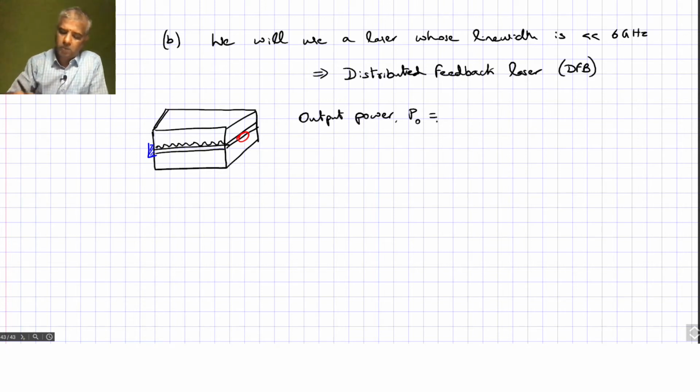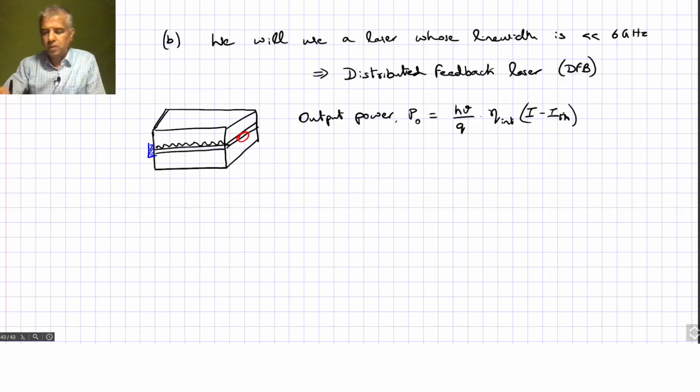So, we saw previously that P naught corresponds to h nu over q multiplied by eta int, the internal quantum efficiency, which is the fraction of recombination events that results in emission of a photon, multiplied by I minus I threshold.